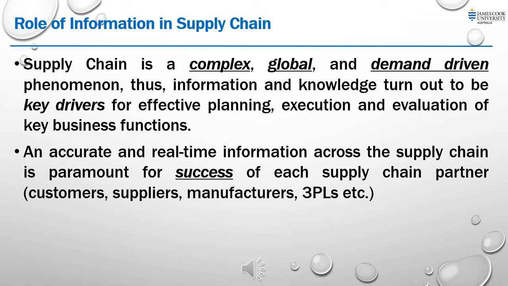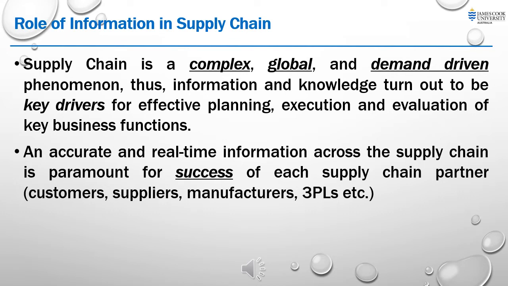Information in general plays a very crucial role in supply chains because it allows businesses to make informed decisions about how to manage and optimize the flow of goods and services from suppliers all the way to the customers. Supply chain is a very complex, global, and demand-driven phenomenon.